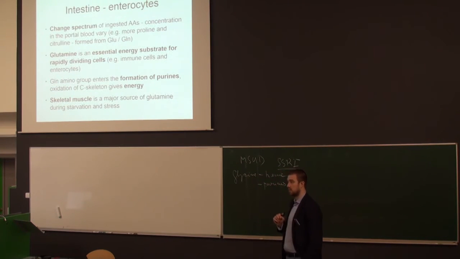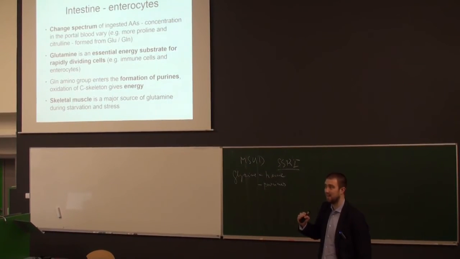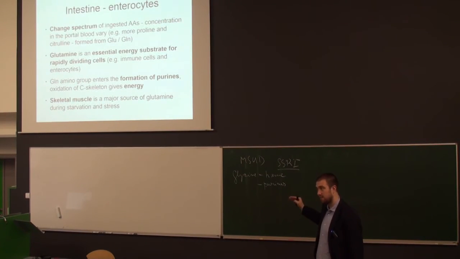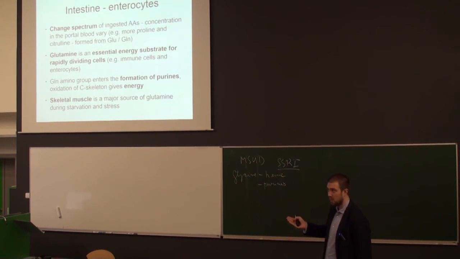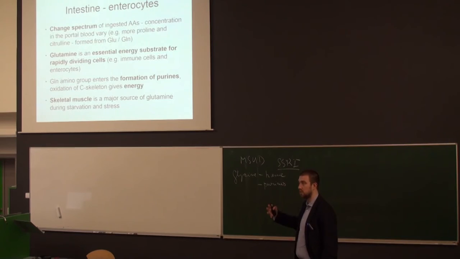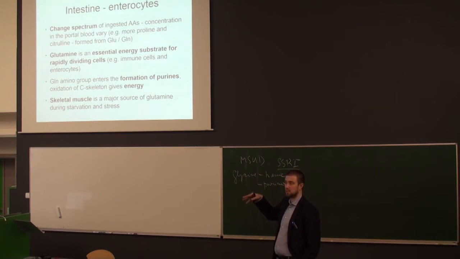The skeletal muscles will produce more glutamine and alanine than they have inside their proteins. And they do this actively since they will feed these rapidly dividing cells. And this whole process we call glutaminolysis.